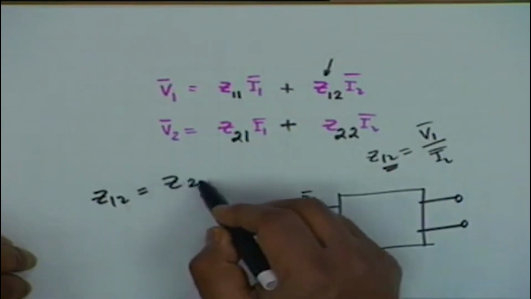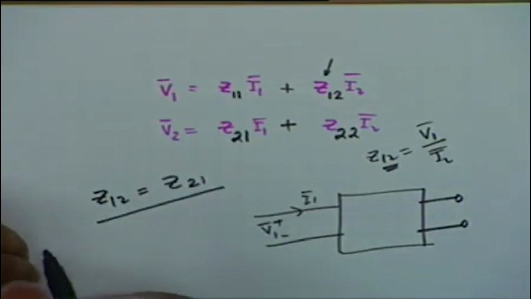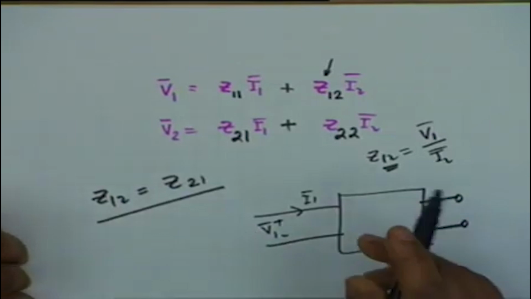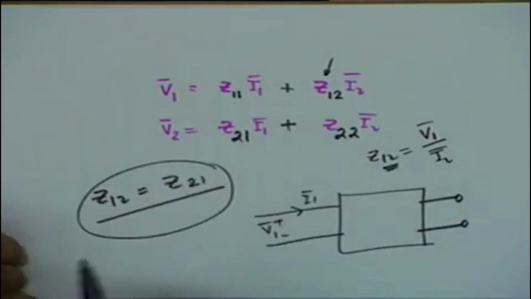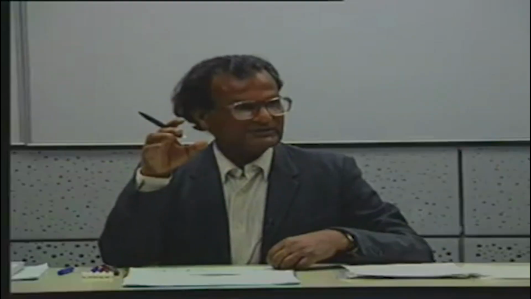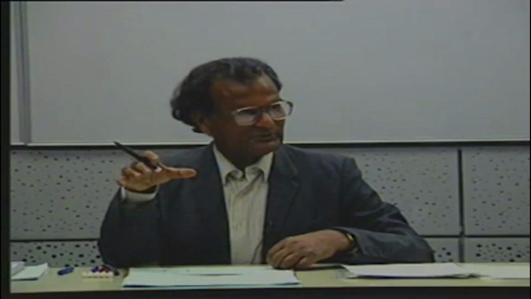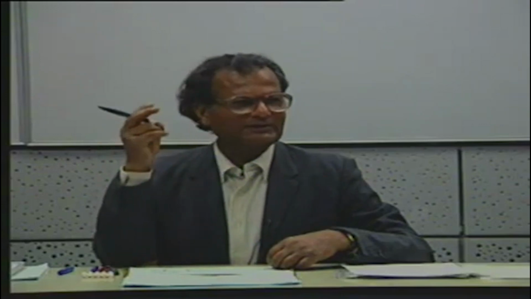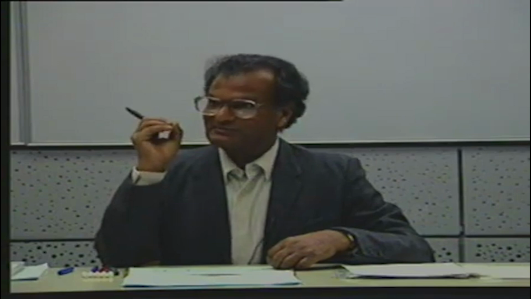Z12 should be equal to Z21. All right. If the network is reciprocal, if the reciprocity theorem is obeyed, then this should be satisfied. What does this mean? That in order to describe a two-port, we do not require 4 parameters. We require only 3, provided the network is reciprocal.